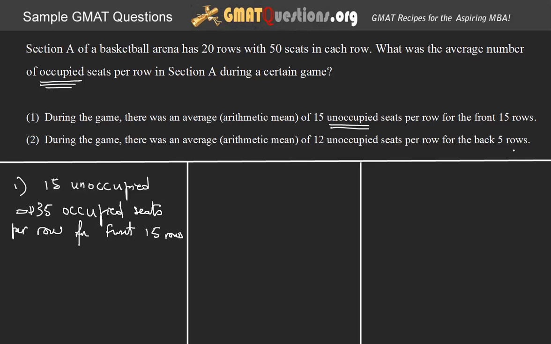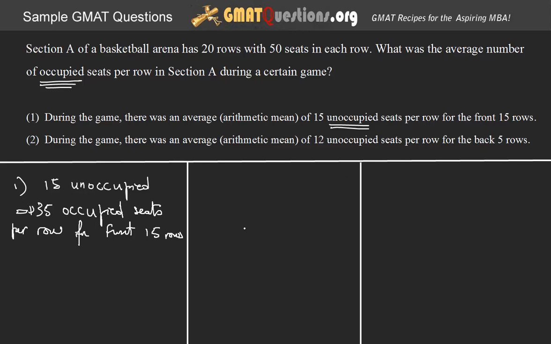If you know about weighted average, usually we have groups, and each group has a number of entities. Here, the groups would be the first 15 rows, that's the first group, and the second group is the back 5 rows. Okay, and something is happening within each group. I hope I made myself clear.